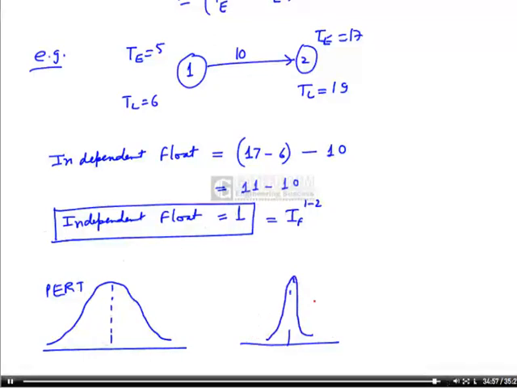So PERT is a probabilistic system, CPM is a deterministic system. In a nutshell, we have used both PERT and CPM analysis for calculating the network duration of the project as well as all the critical activities. So this topic is concluded, and this topic carries approximately 5 to 6 marks in the GATE examination.